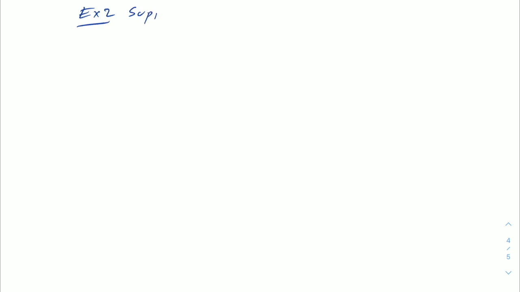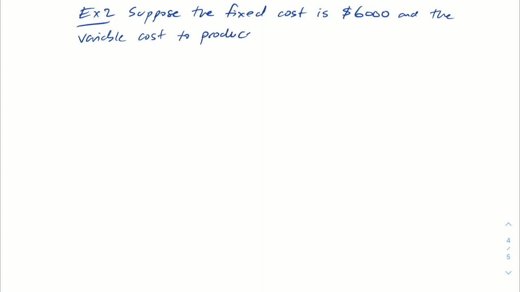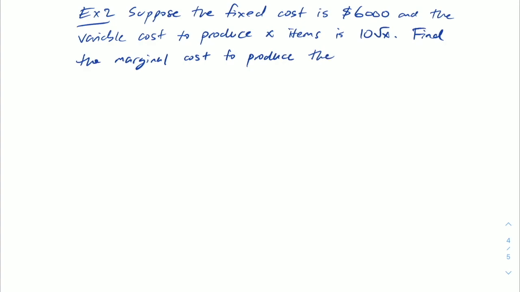So suppose the fixed cost is $6,000 and the variable cost to produce X units or X items is 10 root X. We want to find the marginal cost to produce the 2,501st item.